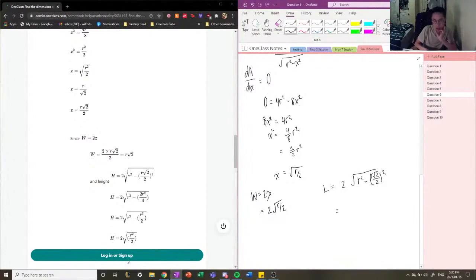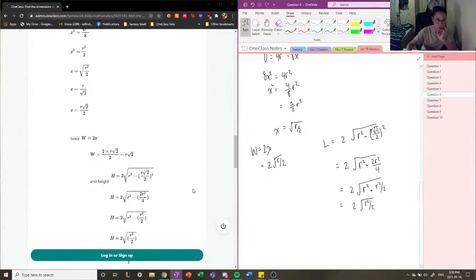Okay, so if we were to simplify this, we'll get 2 times the root of r squared minus 2r squared divided by 4, and we would get 2 times the root of r squared minus r squared divided by 2, and we would get 2r squared divided by 2.